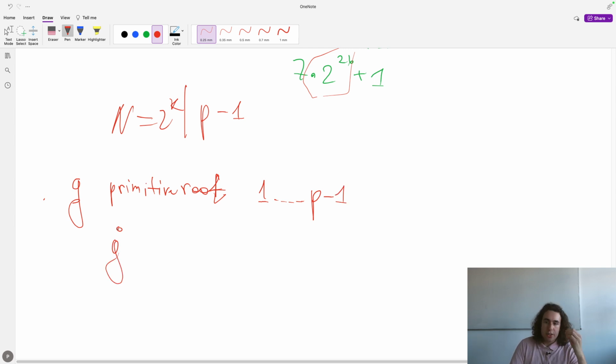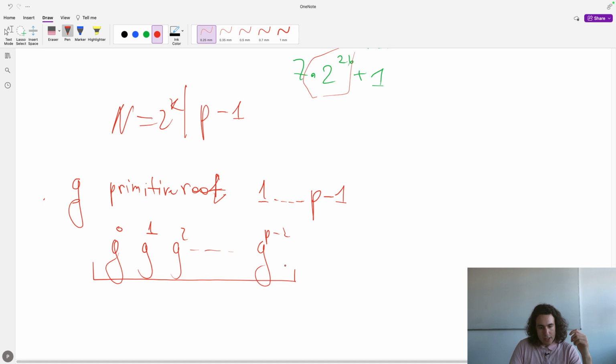So if I take g to the 0, g to the 1, g to the 2, and so on, g to the p minus 2, they're all going to be distinct. And because they're distinct and there are p minus 1 values in total, they're going to be all the values. But of course, g to the p minus 1, all numbers to the power of p minus 1 are 1, so it's going to cycle.